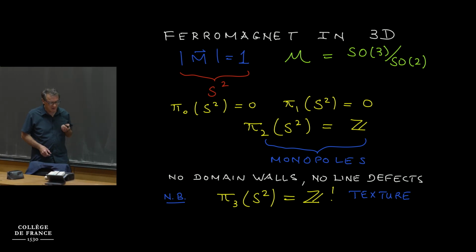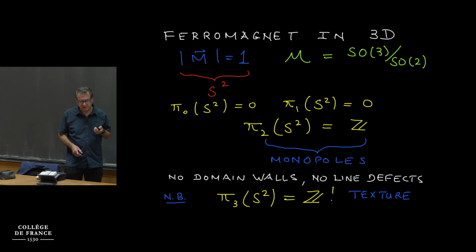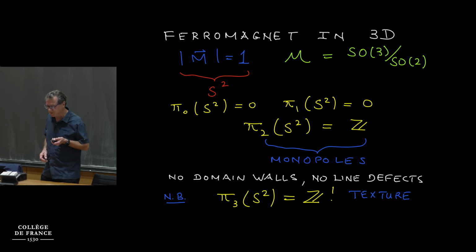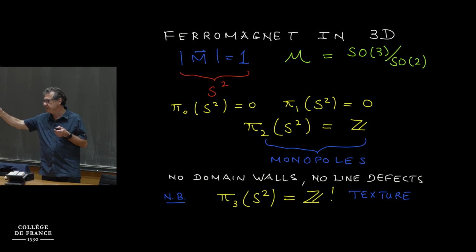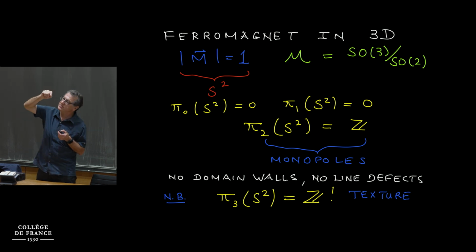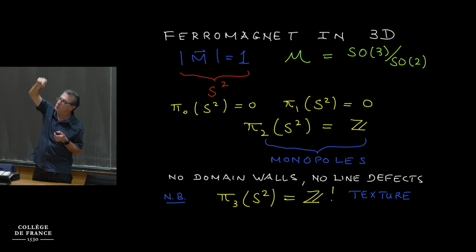I said you could also, if you look at pi3, wrap a 3-dimensional sphere on a 2-dimensional sphere. That gives rise to a defect called texture. There are no singularities, but if you take a point on the target 2-sphere, the manifold of inequivalent ground states, and you pull it back to the 3-dimensional sphere, you have a loop, since you're going up 1 dimension.